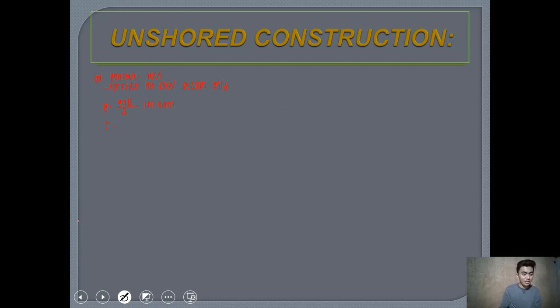We are trying to determine now our moment of inertia. So I here now is equal to, I will consider the whole section, so that is 1 all over 12, the base of which is equal to 225, and a height of, considering the whole section, 375 cube.